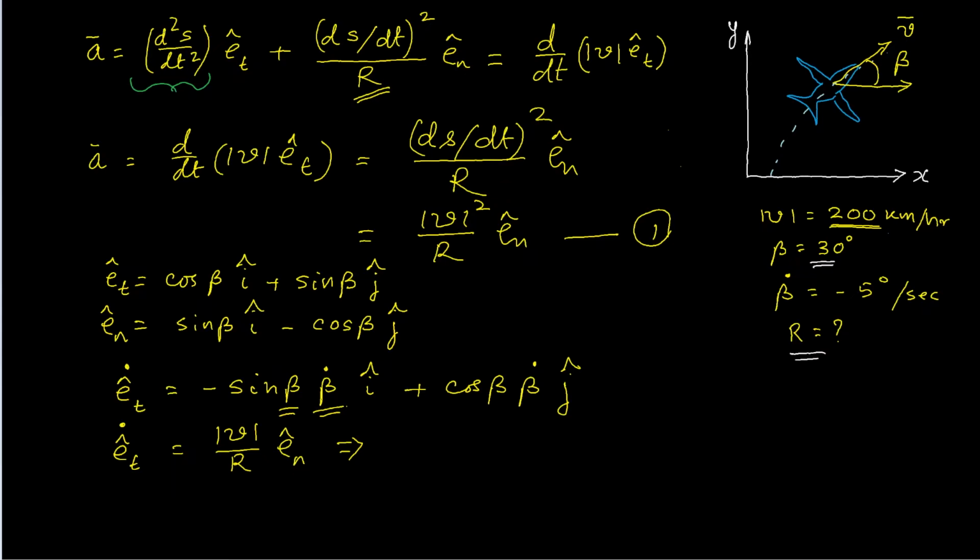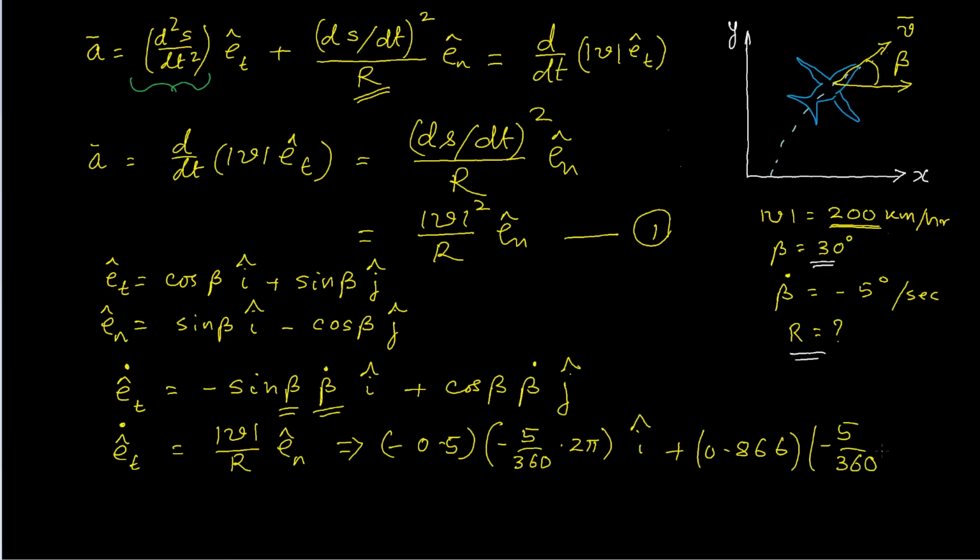So this is sine beta, 0.5, and beta dot is minus 5 over 360 times 2 pi, in the i direction, plus 0.866 times minus 5 over 360 into 2 pi in the j direction.